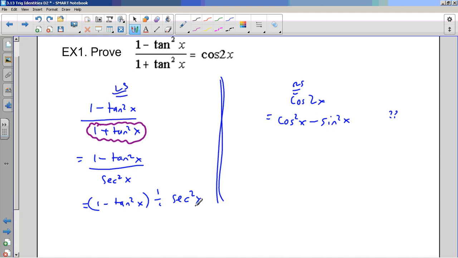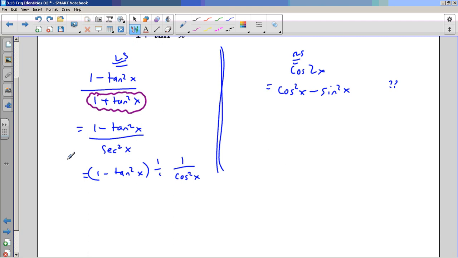And in fact, if I want to save a step, and I'm going to save a step, if I write it as a divide here, this is 1 divided by cos squared x, right? Well, now what do I got? Well, how do I deal with fractions when I'm dividing? Well, I can invert and multiply.